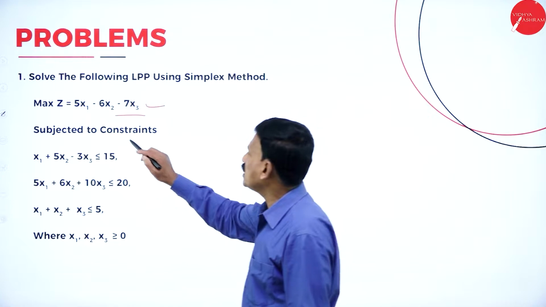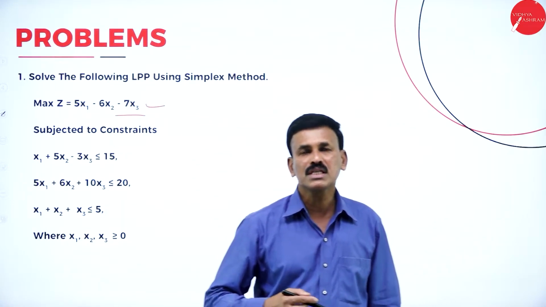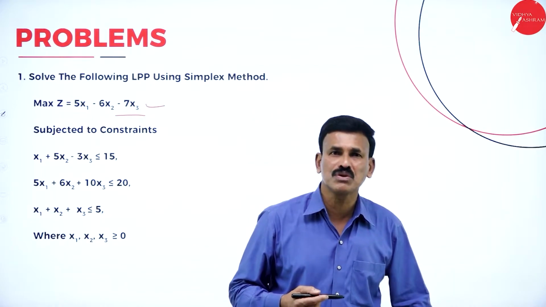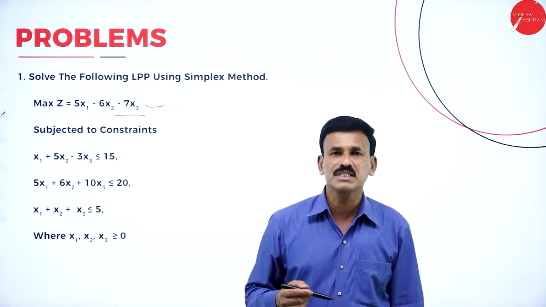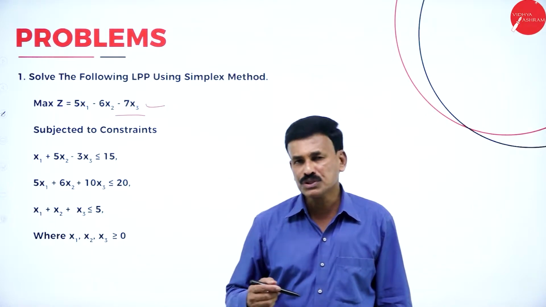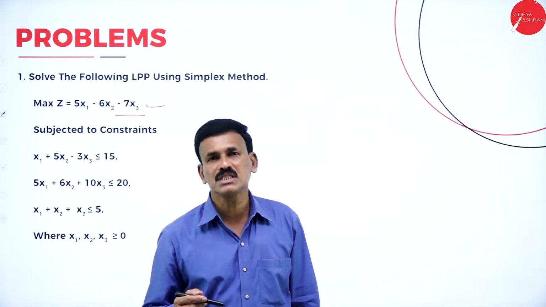Since there are three variables x1, x2 and x3, now we are going to introduce the slack variables s1, s2 and s3, whose initial cost is 0.